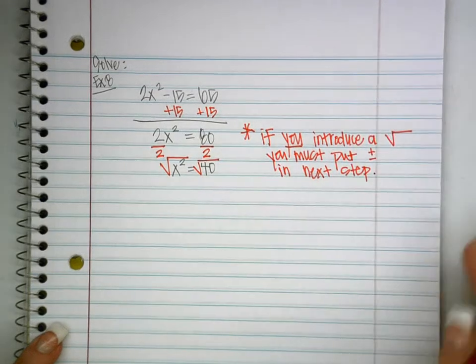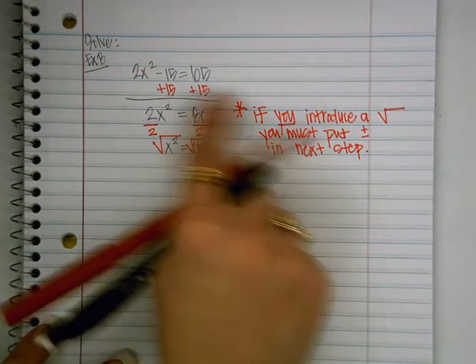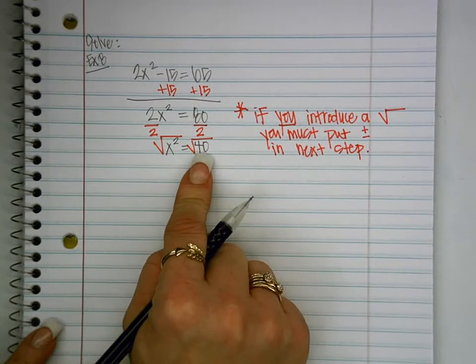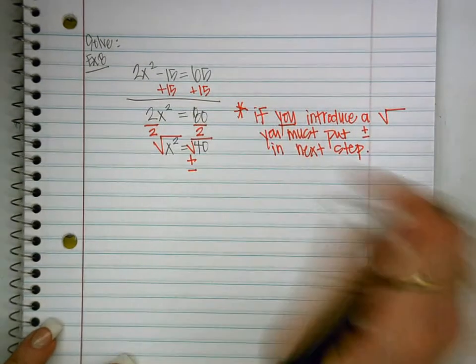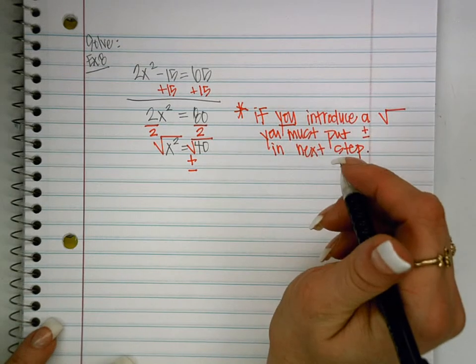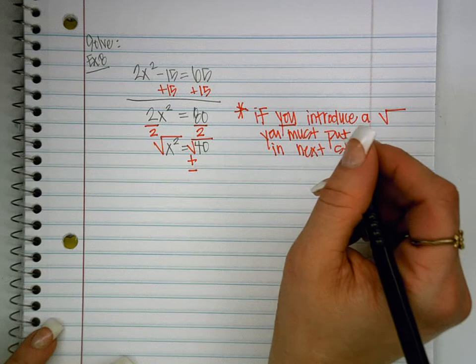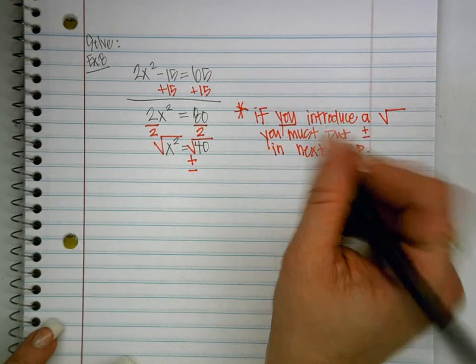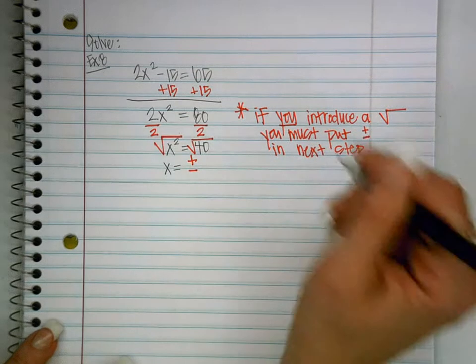If you introduce a radical, meaning your original problem did not have a radical in it and you insert a radical, you have to, in the next step, put plus or minus. This gives you two answers. If you don't put plus or minus, you're only going to get half the credit because you're only going to get one of the answers, and there should be two. So x squared gives you x equals plus or minus. Can I break anything out of 40?